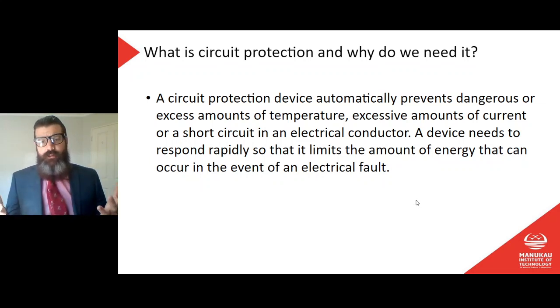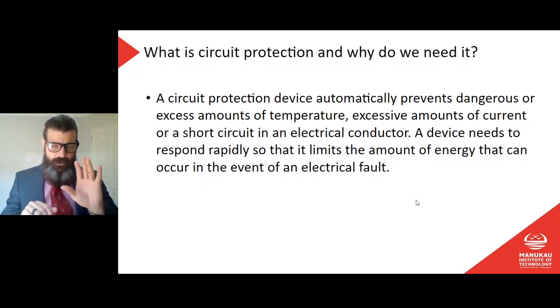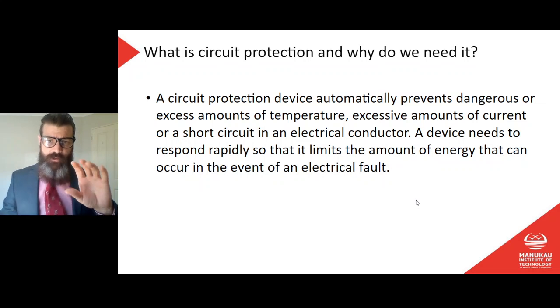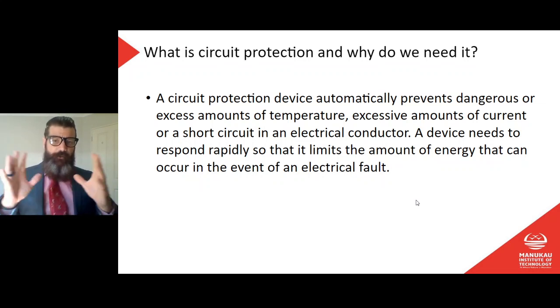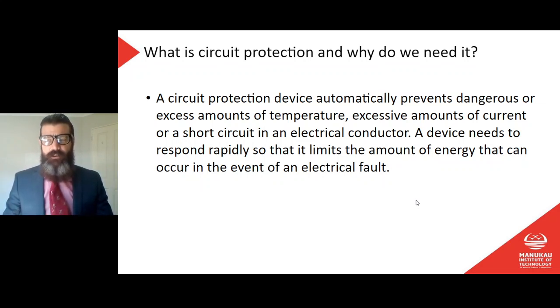How does it know that there's a fault? Well, we place a limit on that protection device. We say we're going to install a protection device that will turn off once current exceeds a certain amount.